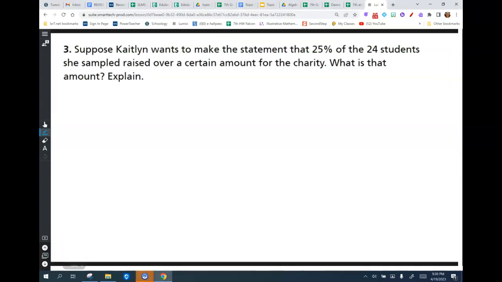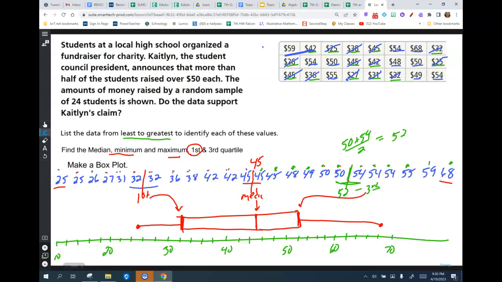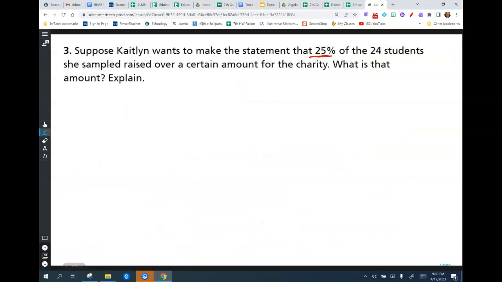So when we're looking at 25%, we're going to have to go back to our box and whisker. Since this is our middle, our interquartile range does the middle 50%. Here is 25%. Here is 25%. And then that's 75% over here. So if I looked at what is the 25%, that would be $32.